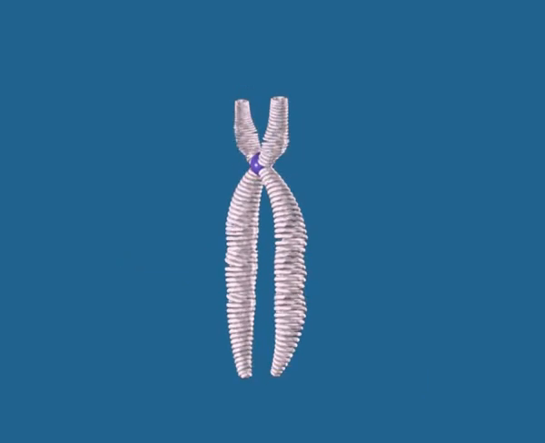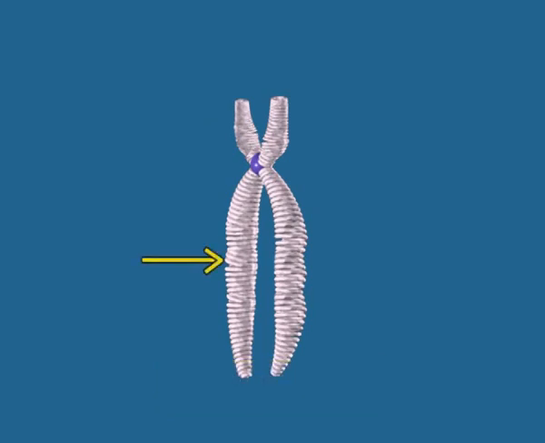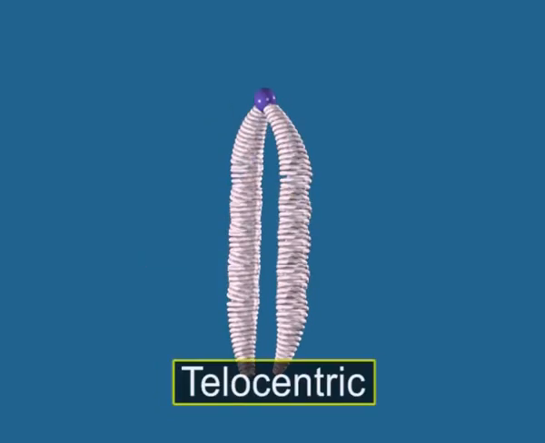In case of the acrocentric chromosome, the centromere is situated close to its end, forming one extremely short arm and a very long arm, whereas the telocentric chromosome has a terminal centromere.